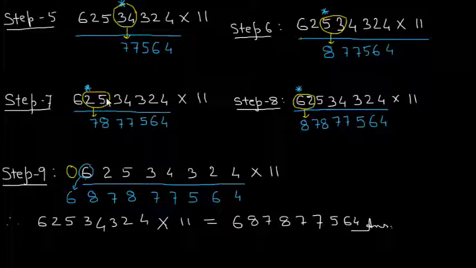Its right neighbor is 5. 2 plus 5, that is 7. Next number is 6. Its right neighbor is 2. 6 plus 2 is 8. Now the number is finished. So the last one, the extreme left number, that is 6, we'll put 6 as it is. So we got the answer.